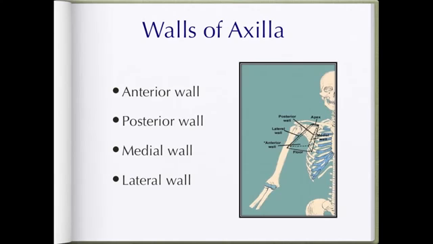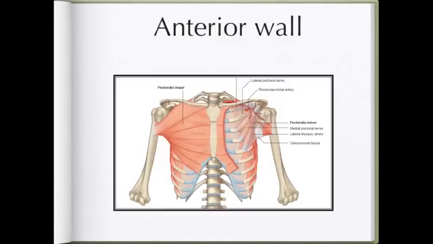Now let us understand the walls: anterior wall, posterior wall, medial wall and lateral wall with their relations. The most anterior structure of the anterior wall is pectoralis major. When we reflect the pectoralis major muscle, we see the structures under its cover. Above there is the subclavius muscle below the clavicle, and here there is the pectoralis minor muscle.